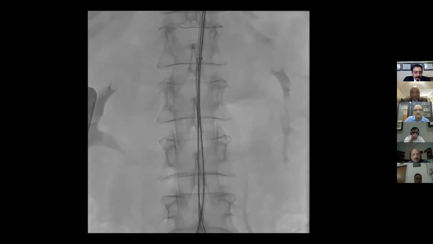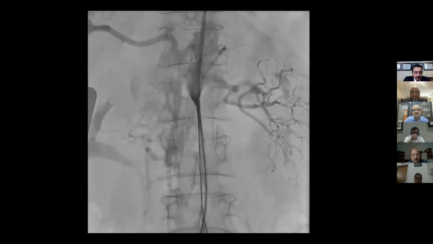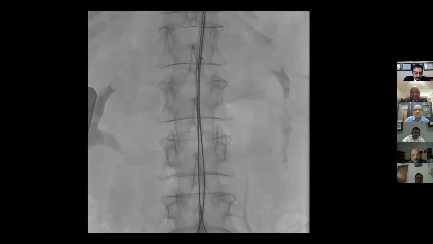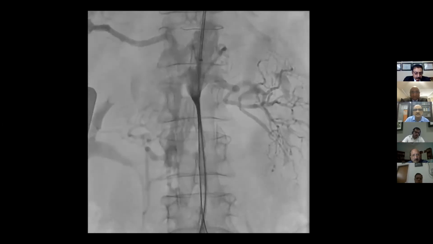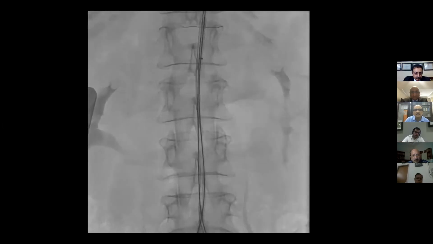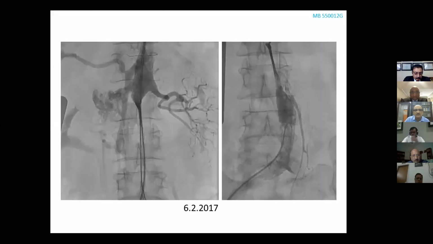Only the left renal artery and the superior mesenteric artery came off the true lumen. The right renal and the celiac came off the false lumen. And lower down, the true lumen extended into the right iliac, and the left iliac system was fed by the false lumen.